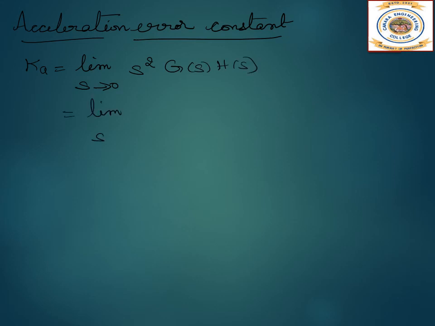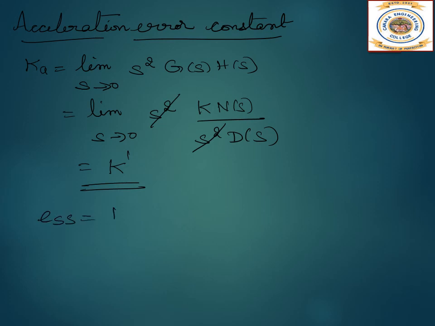Limit s tends to 0 s square into the transfer function s square in the denominator. S square and s square get cancelled. So what do we get? We get a finite error constant. Let me consider it as K dash. So what is the steady state error? 1 by Ka, which is 1 by K dash. Some finite error we are getting.